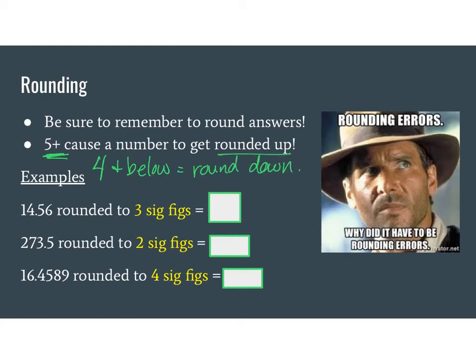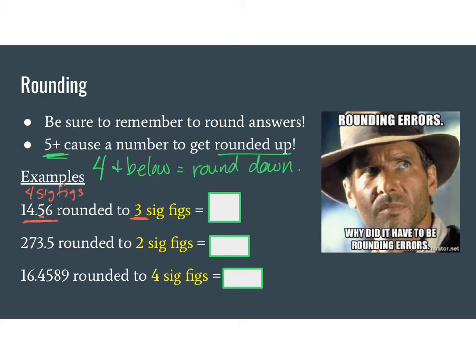All right, so when we go ahead and we look at this, we see the number 14.56. What we want to do is round to 3 Sig Figs. So when I look at this, I know that right now this value has 4 sig figs. Based on rule 1, all non-zero digits are significant. So right now we have 4 sig figs. We want to round that to 3.